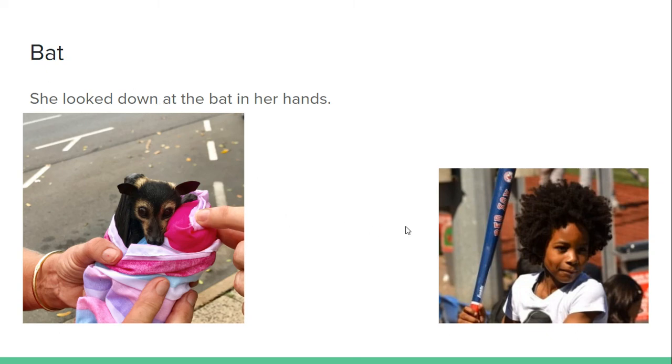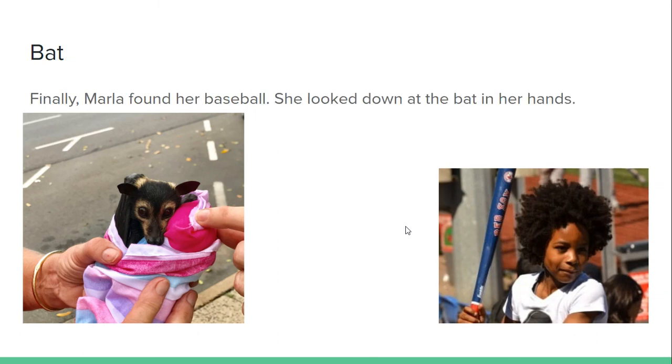So you might have to go back and read the whole paragraph. Okay, so now here's the sentence before. Finally, Marla found her baseball. She looked down at the bat in her hands. Okay, so if she's talking about her baseball, then we're probably not talking about this kind of bat, right? She has this kind of bat, a baseball bat, because she has a baseball also.